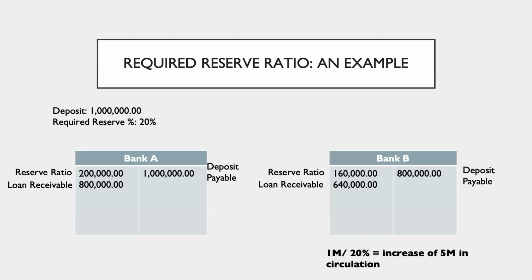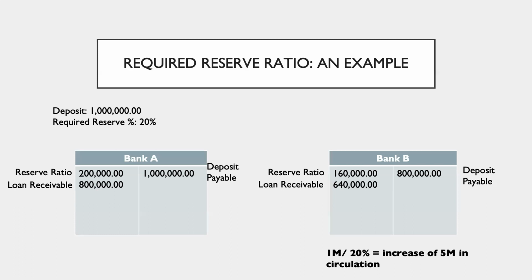So out of the 800,000, Bank B has to save 160,000 pesos and can lend out 640,000 pesos to a third person. That third person can do the same thing, spend the amount that he borrowed or deposit it, and then that particular bank would have to keep the required 20%.